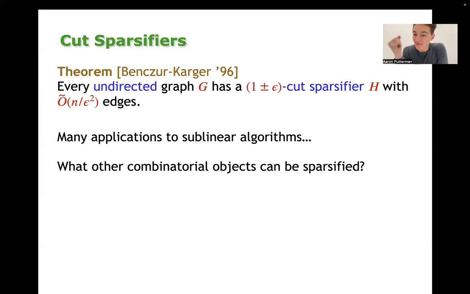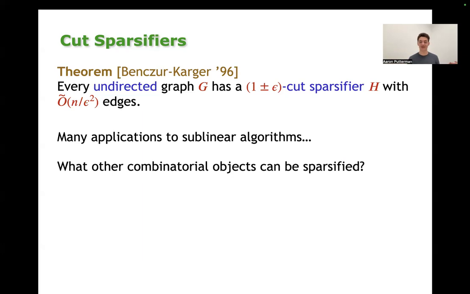It turns out that this has many applications to sublinear algorithms, because it's a very powerful statement. It's saying that even if you start with a graph that has as many as order n squared edges initially, you can always compress it to a graph which retains essentially Õ(n) edges, while still preserving all of the cut information in the graph to a 1 plus or minus epsilon factor.